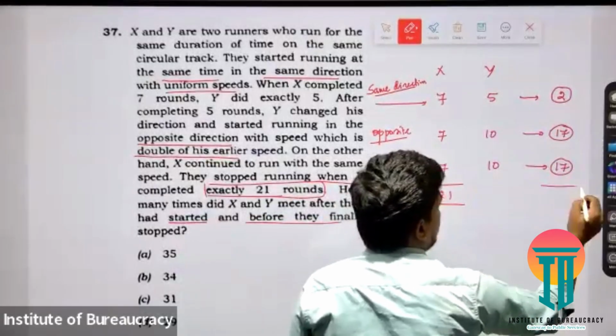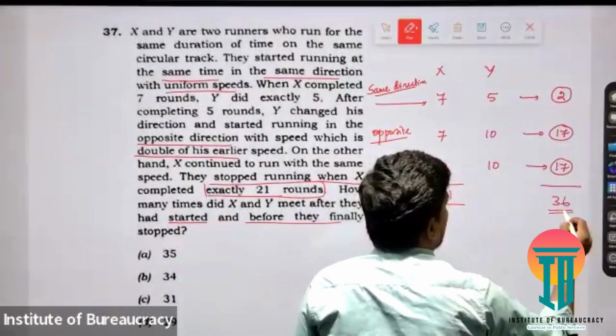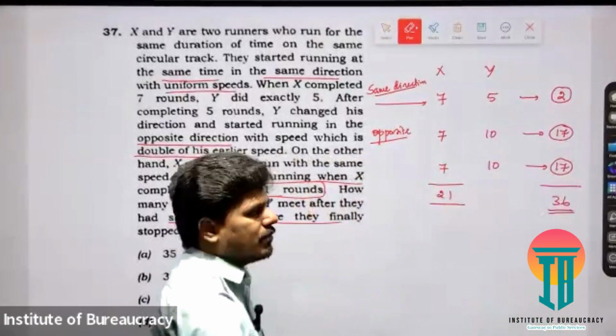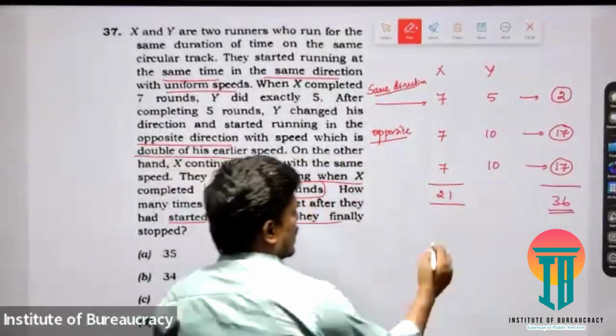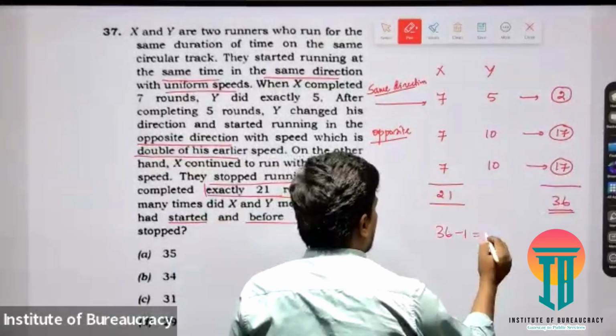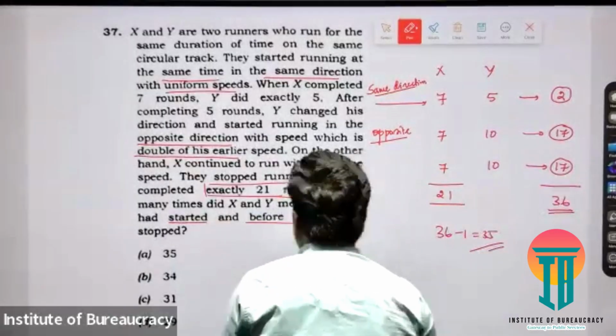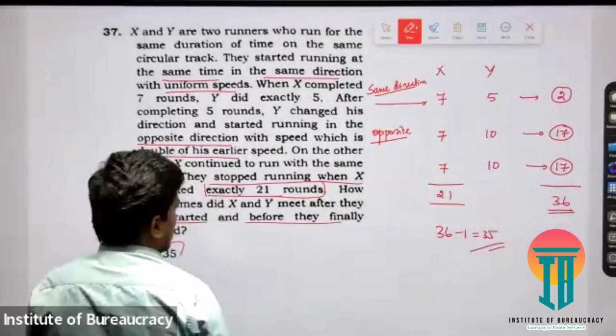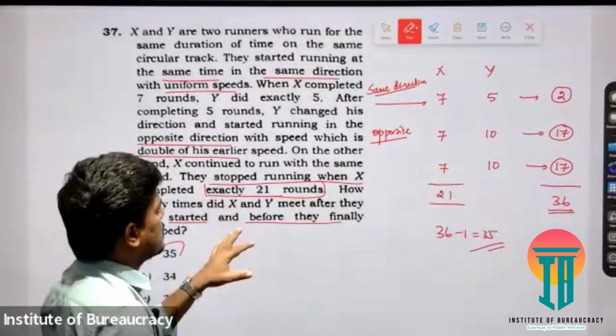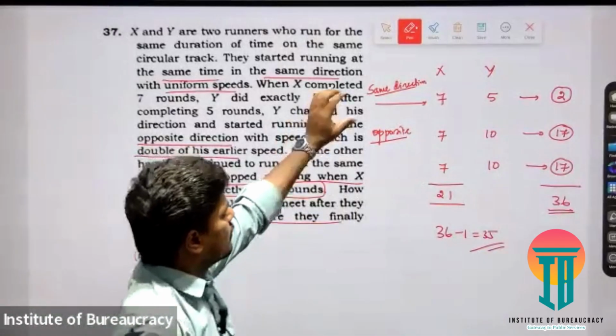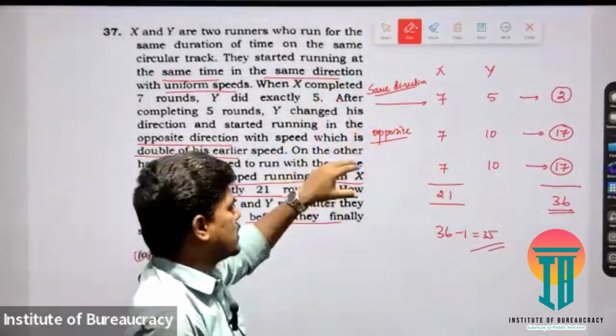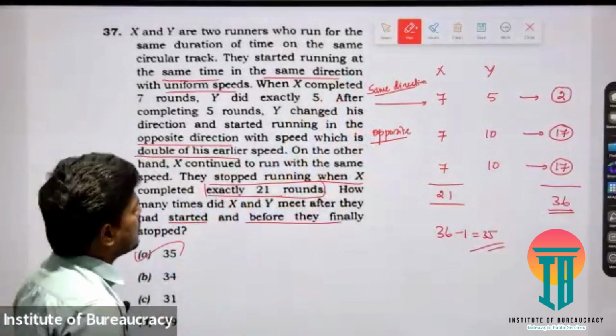So altogether it comes to 36. That 36 includes the last time when they meet. Remove that 1, 36 minus 1, it is 35 times. So considering the same direction and opposite direction, they will be meeting 35 times together.